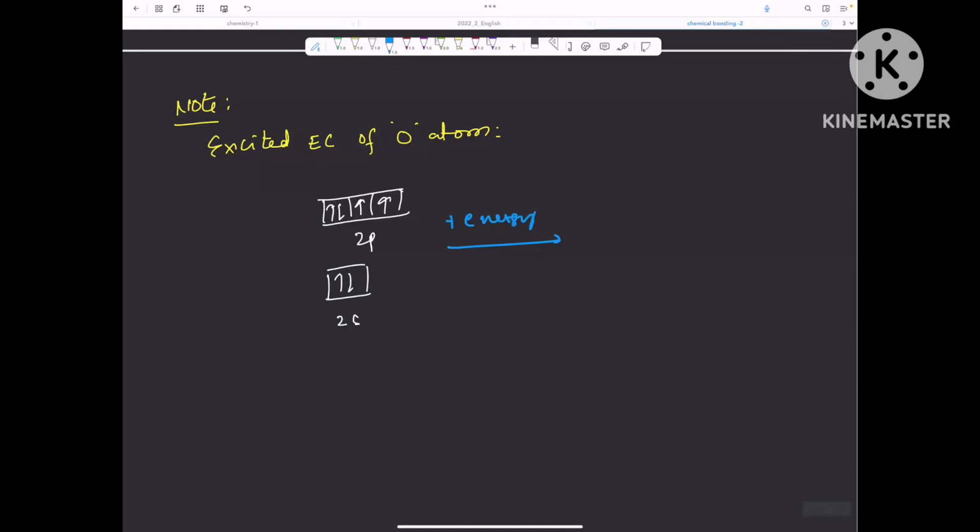You add energy, then the oxygen atom will reach an interesting energy state. 2s, 2p. This electron gets paired up. 1, 2, 3, 4. So it created an empty orbital. Please note, this empty orbital is very important. So here, in the ground state, 2s2, 2p, the electrons are paired up. Therefore, here it is creating an empty orbital. Okay.